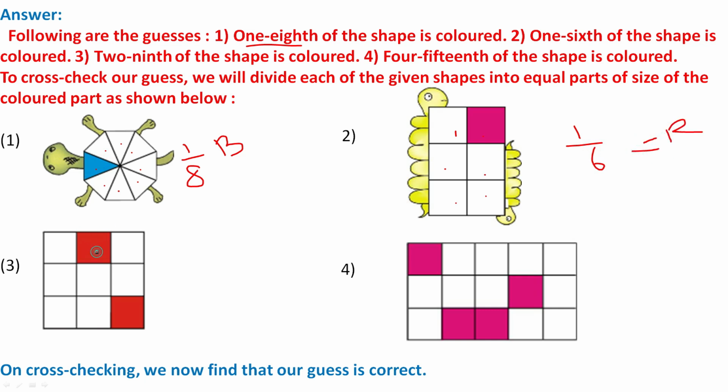Third one: out of 9, 2 parts are colored red. 4/5 of the shape is colored. 1 2 3 4. 4 by, totally how many boxes are there? 1 2 3 4 5. 5 3s are 15. 4/15 you can say. On cross checking we now find that our guess is correct.